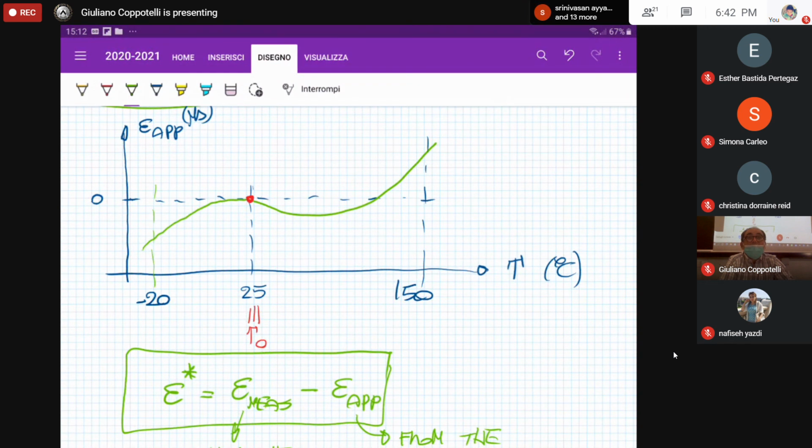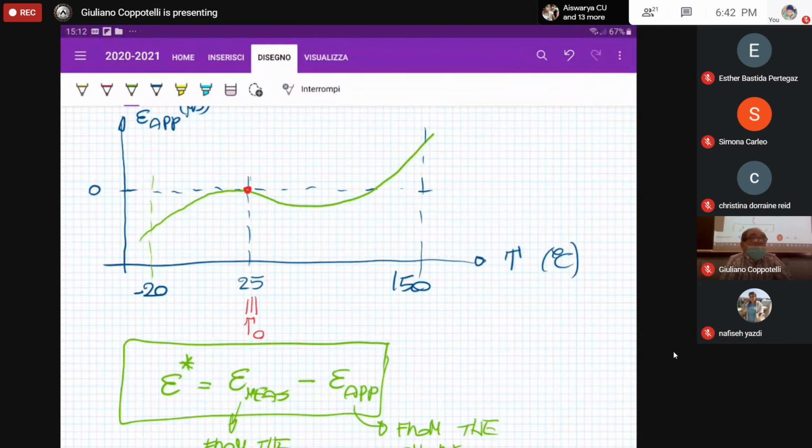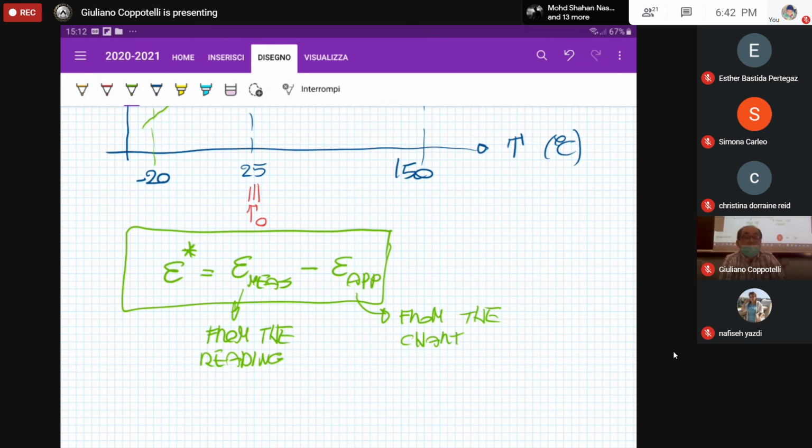That is, the reference one is the temperature in which the apparent strain is 0. From this chart is 25 degrees, for example. And then make your readings from the actual operation, enter this chart with that reading in terms of temperature, and your output will be the apparent strain that you have to remove to get out from the measured strain. And then you have the compensated strain.